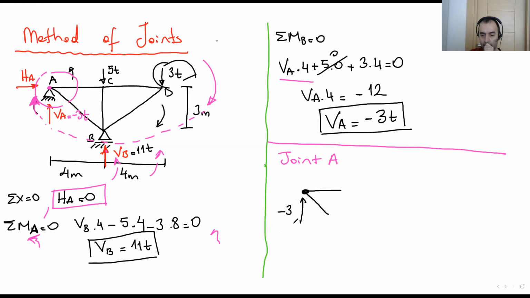You can write it here like this, minus 3, or you can directly put an arrow like this and 3, whatever you like. Let's change the direction. I don't want to change direction. It sometimes mixes everything with each other. Here, this is minus 3.